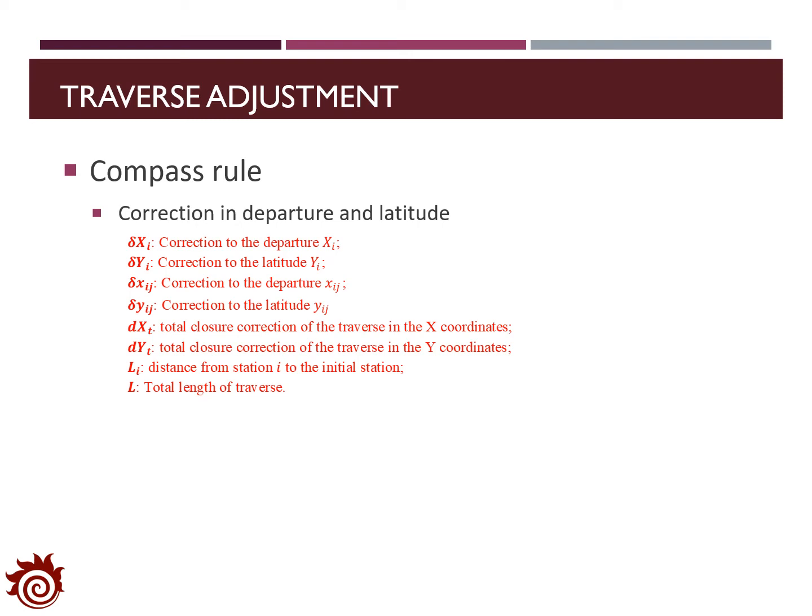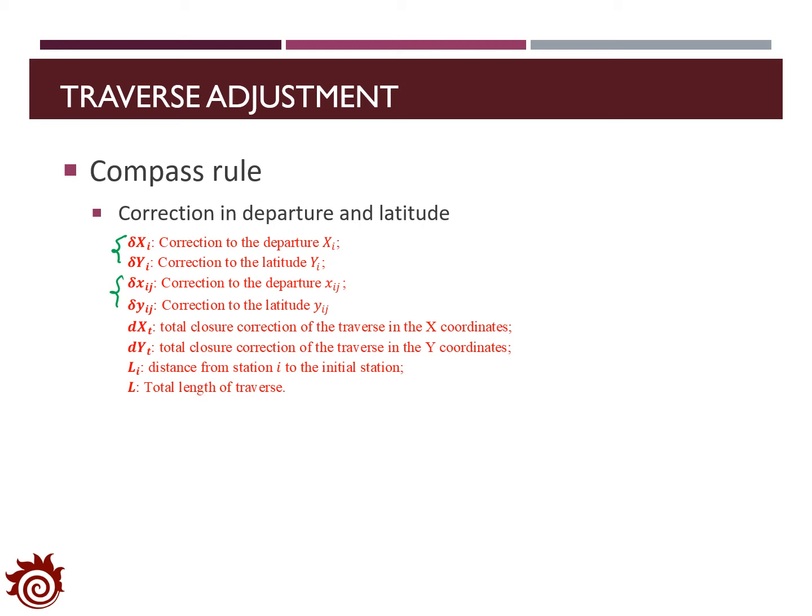For the estimation of the correction, we first need to define several terms. Here, delta xi and delta yi is the corrections to the departure xi and the latitude yi. Delta xij is the correction to the departure xij. Delta yij is the correction to the latitude yij.